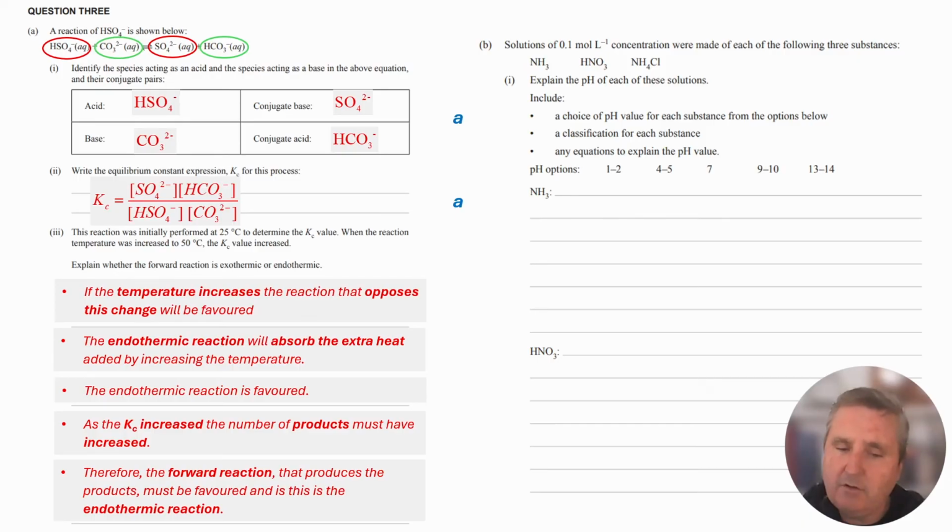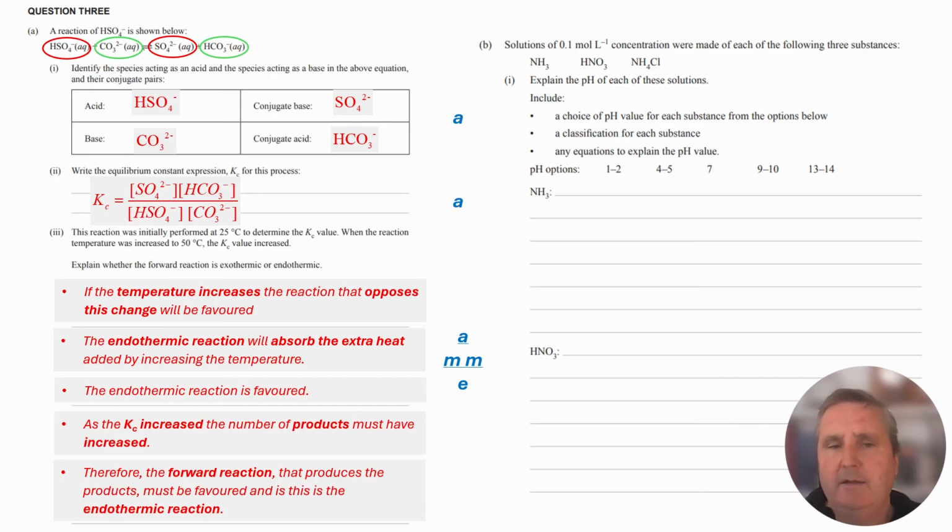So the endothermic direction happened, but we also know that the forward direction happened, so the forward direction must be the endothermic. This is a very tricky question, and in fact they give you an achieved, 2 merits and an excellence here. So if we can explain the Kc explanation, right, that the Kc got larger, therefore the forwards reaction is favored because more products are made and less reactants, that's a merit.